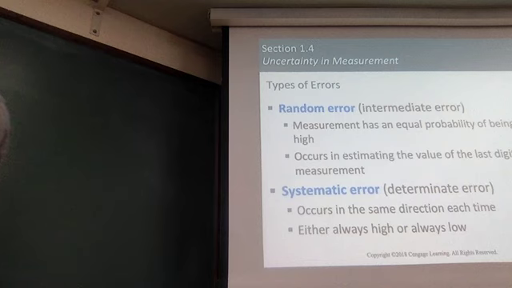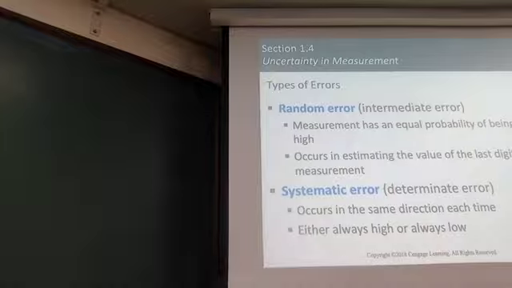So if these darts or these measurements show all kinds of different values, they scatter with a certain large error, then we call this a random error. That means that the measurement has an equal probability of being low or high. So you throw all your darts and they will just equally distribute around that point, or usually with a normal distribution.